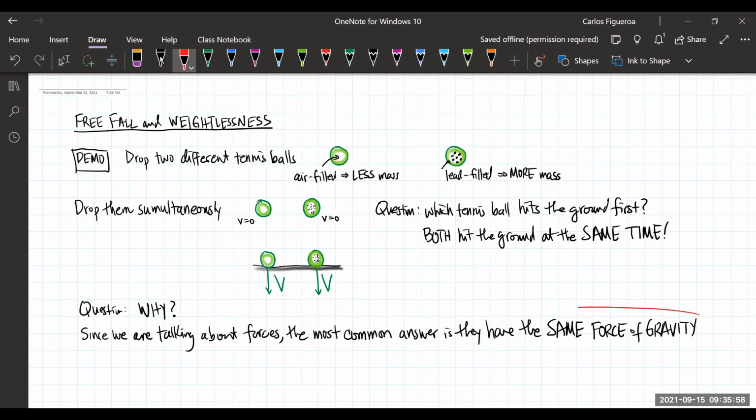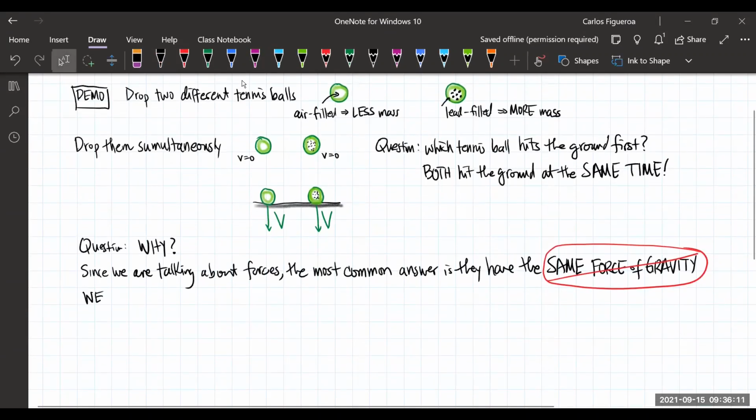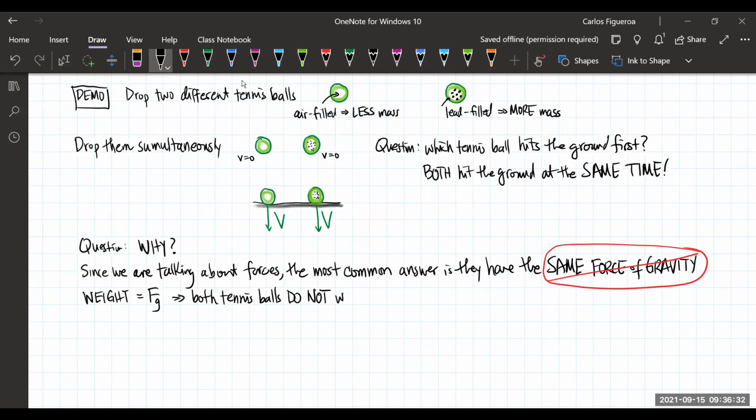It can't be that, and the reason is you have to remember weight is equal to the force of gravity. They're exactly the same thing. And this implies that both tennis balls do not weigh the same.